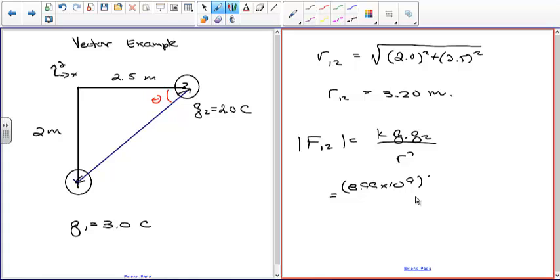Q1 is 3 coulombs, Q2 is 2 coulombs, the distance is 3.2 meters, and we plug those in.